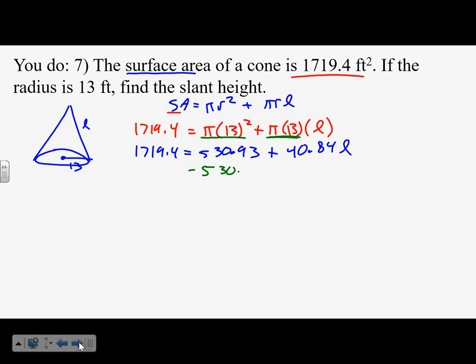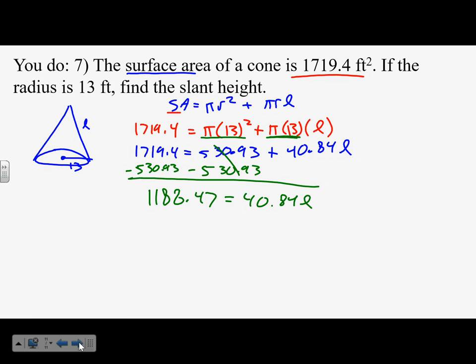So to get that L by itself, I need to subtract 530.93 first. 1188.47 is equal to 40.84 L. Divide both of these by 40.84.